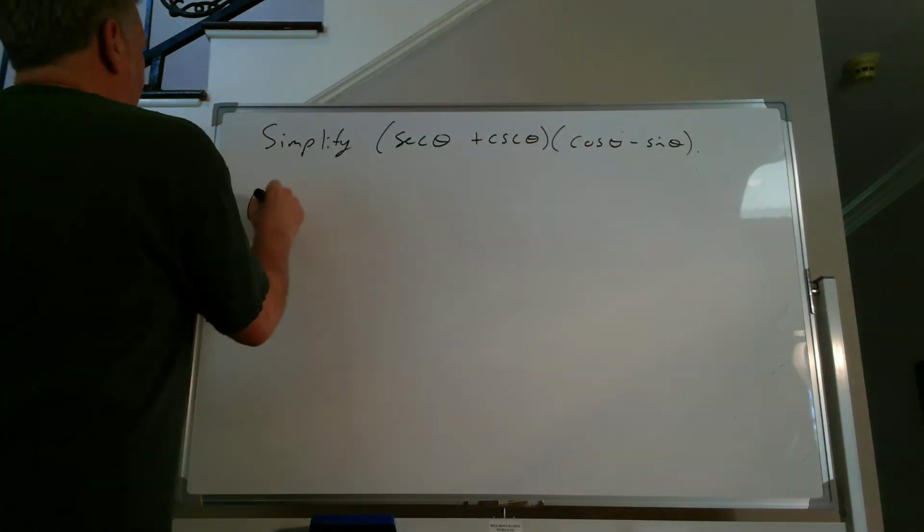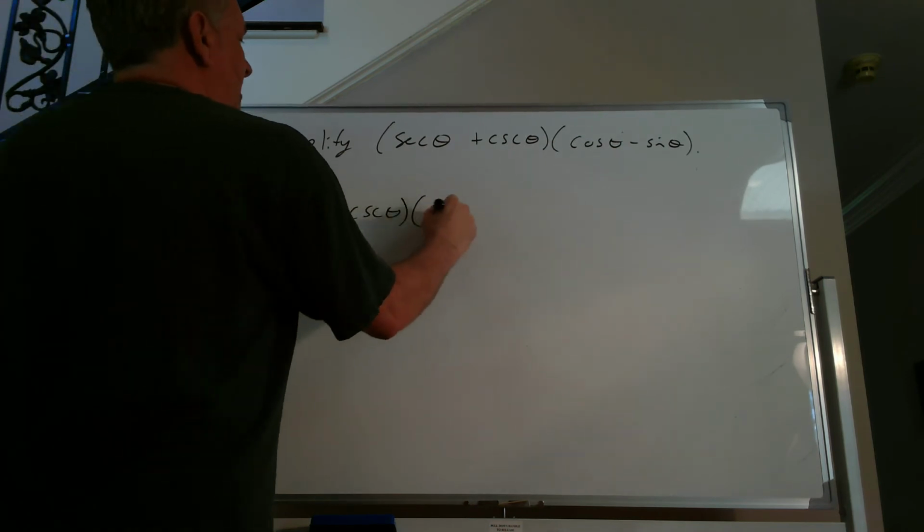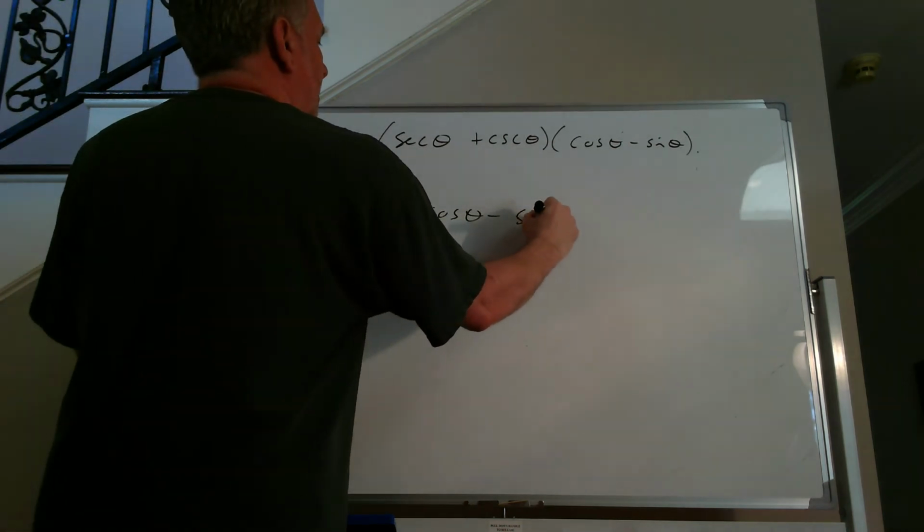Okay, let me write down the problem again, what I'm trying to simplify. Secant theta plus cosecant theta times cosine theta minus sine theta.